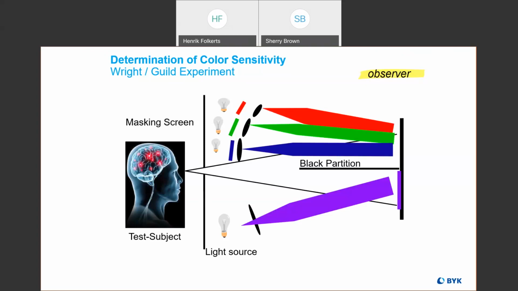It was the test subject's objective to adjust the relative power levels of those three primary colors on top until the mixture of those three light sources matched with that light source on the bottom. By repeating this experiment with many different colors and different test subjects, scientists were able to determine the sensitivities of those three types of cones in our eye.